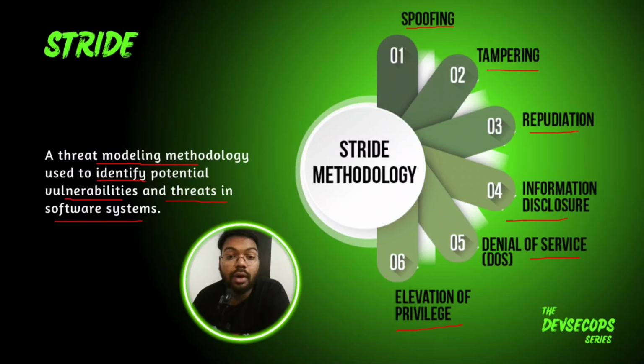You have to identify potential vulnerable applications where spoofing can be done, which can be cloned, where tampering could be done. Tampering, we will see what it does and what is affected, or what it violates, in our next slides. What is repudiation? These are the things that you need to learn about.